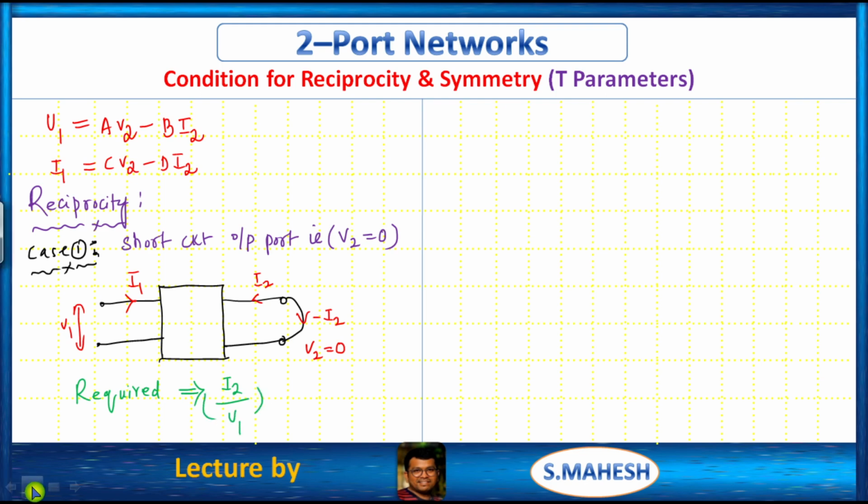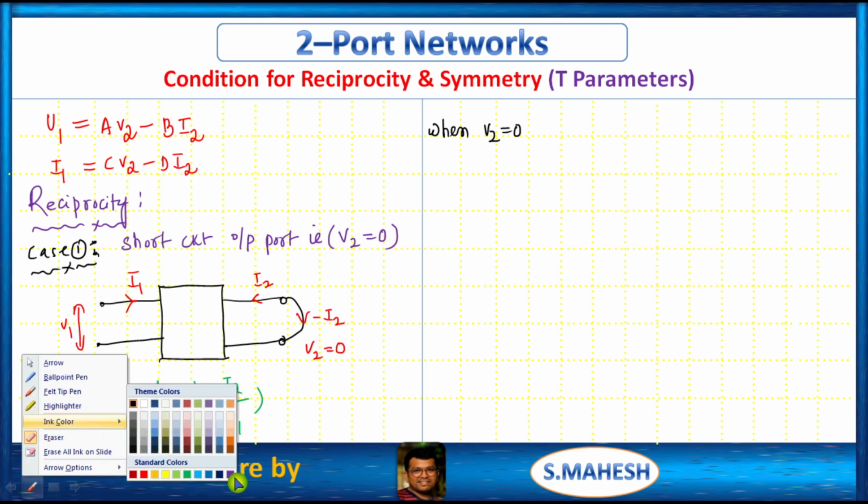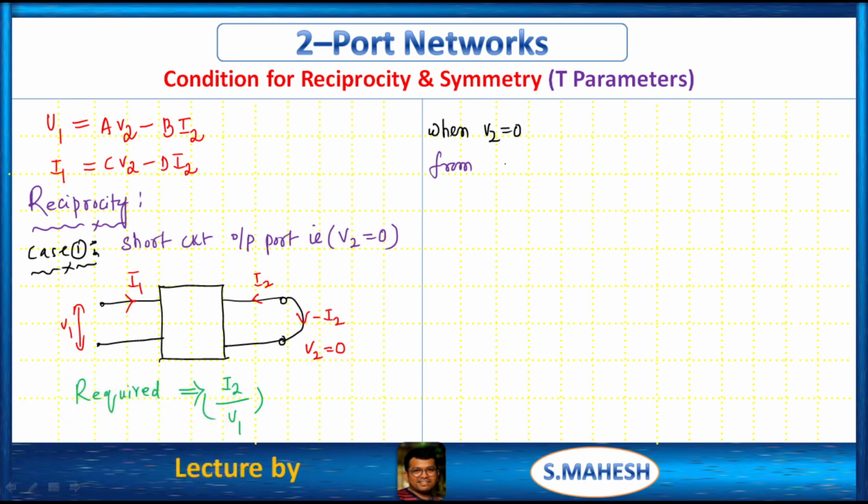We have to write, when V2 equals 0, from the governing equations, V1 equals minus BI2.